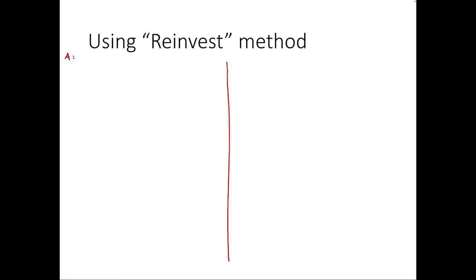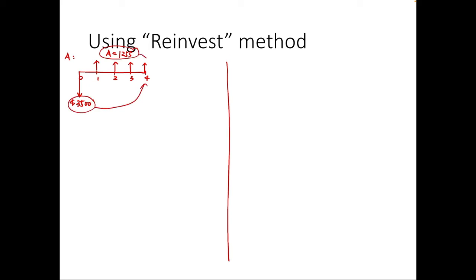For A, that's more complicated, right? So let's just draw the 4-year timeline. At the beginning, you pay $3,500, and every year after that, you save an annuity of 1255, right?